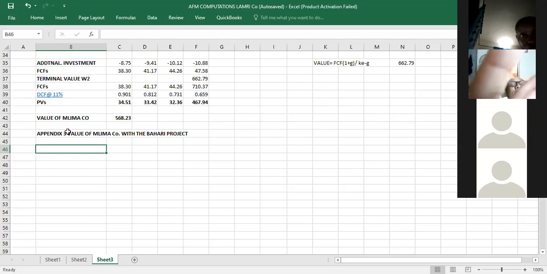So if you have newest minus oldest, that's the new one minus the old one, divided by the old one. That's the way we normally do it.